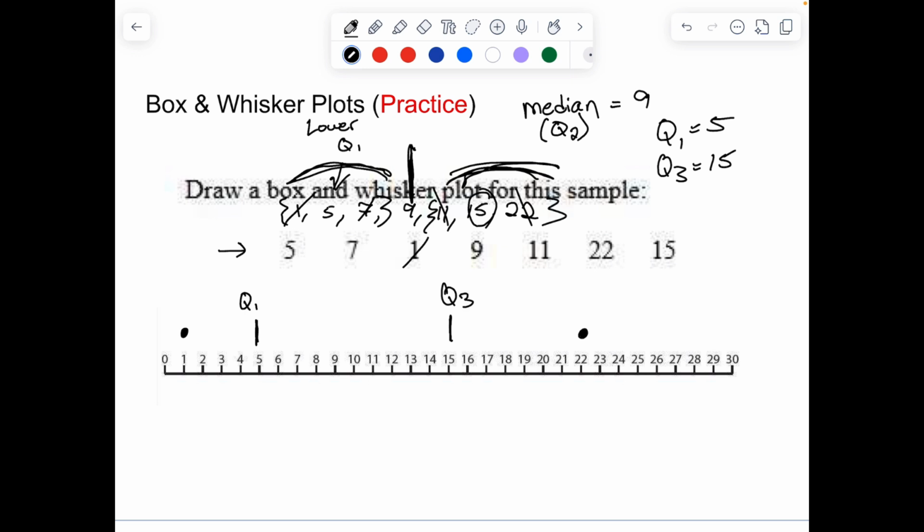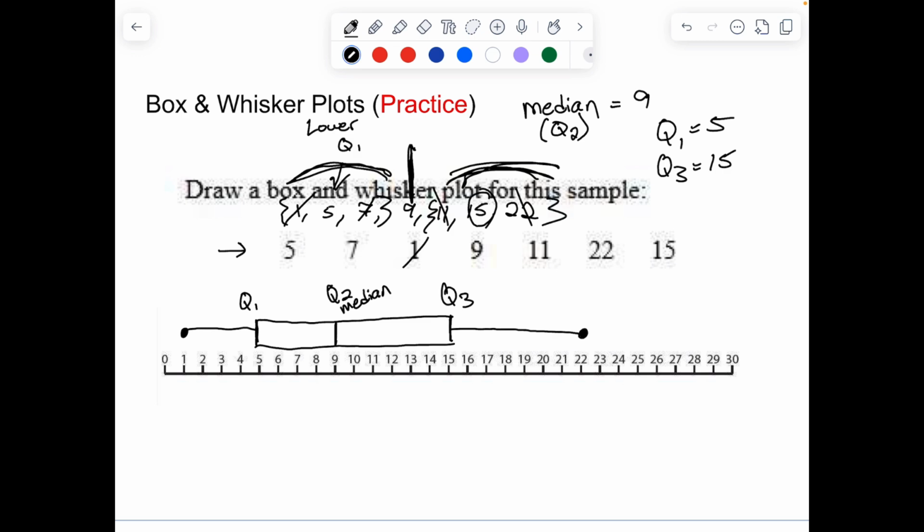And then our median is at 9, which is here. Now we make our box, which is here. And now we make our whiskers, which is just connecting the box from Q3 to the highest point, and then from Q1 to the lowest point.